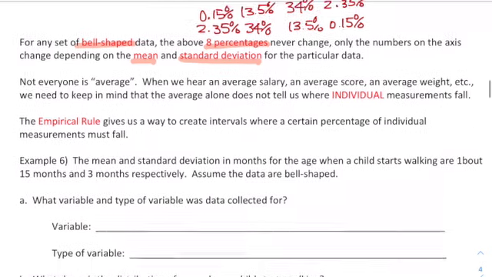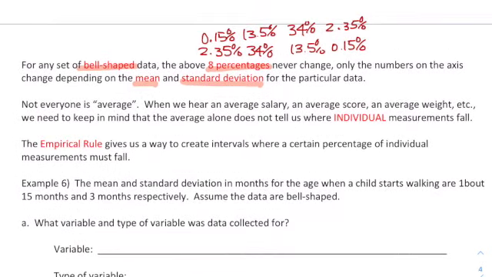So for example 6, the mean and the standard deviation in months for the age when a child starts walking are about, typo, sorry, that should be A, about 15 months and 3 months respectively. Assume the data are bell-shaped. So we have three pieces of very important information.